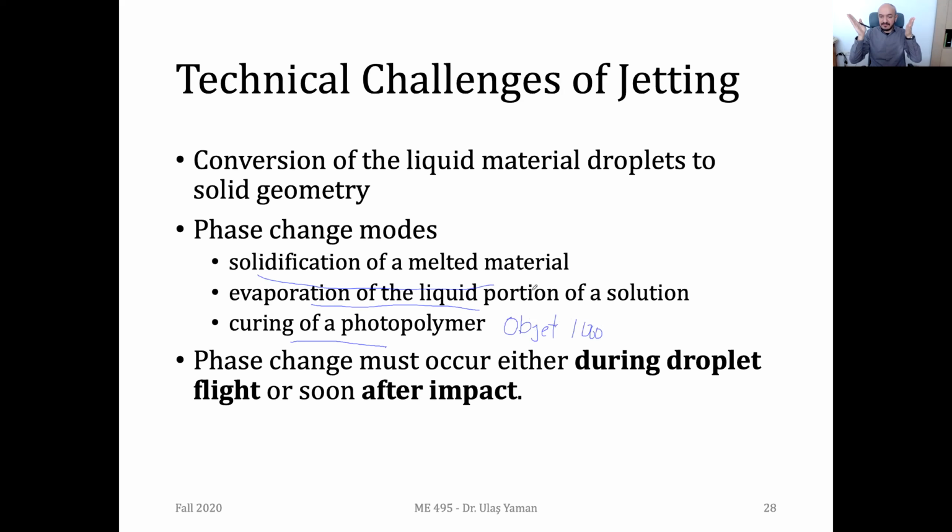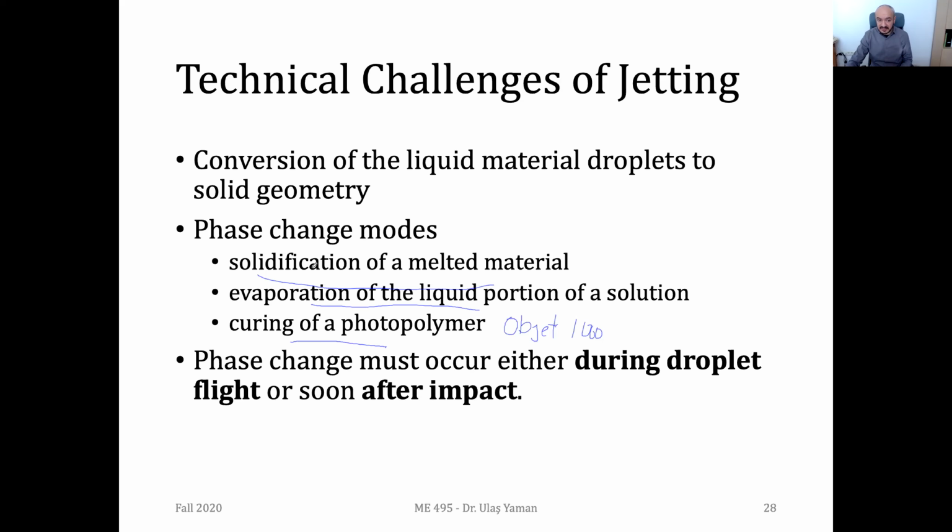Once this light is reflected on the jetted polymer, it polymerizes the material in very few seconds, maybe some milliseconds. And once they are jetted on the table or on the other layers, they will be solidified. So this is important, the last one here.